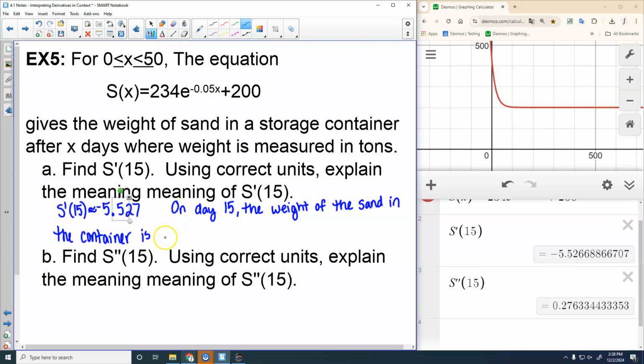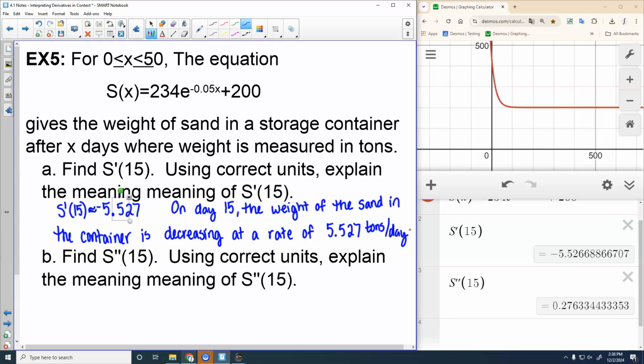Decreasing, at a rate of 5.527 tons per day. Notice I did not put the negative with that one, right? Because I already used the word decreasing, which tells me that it's negative.